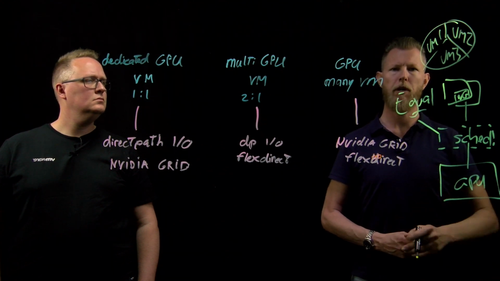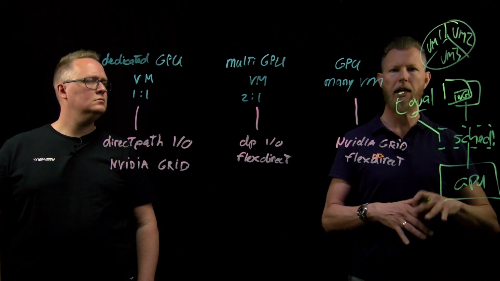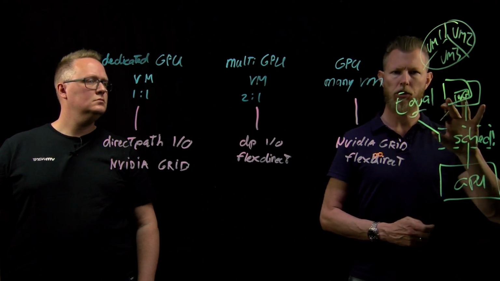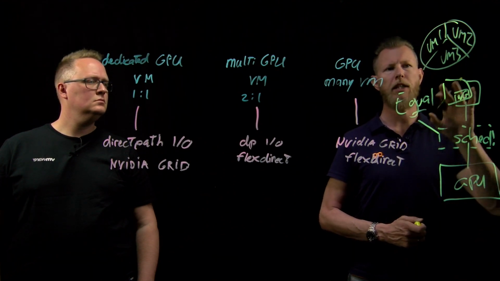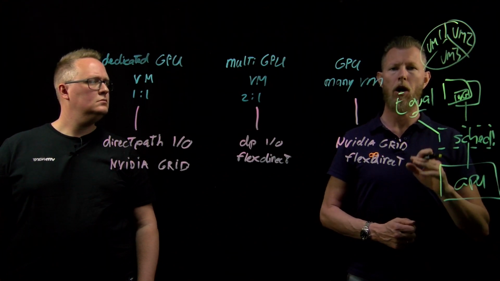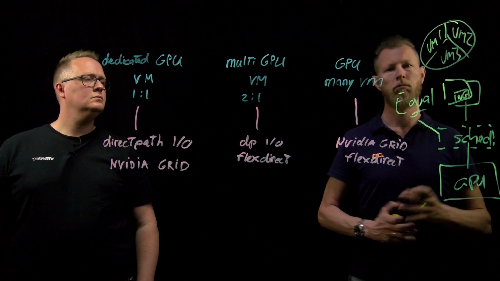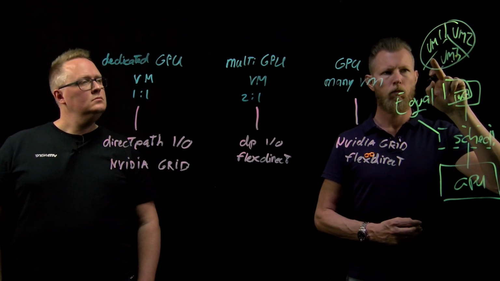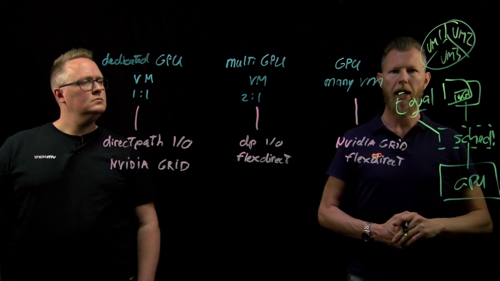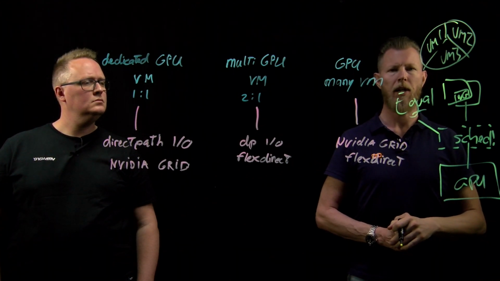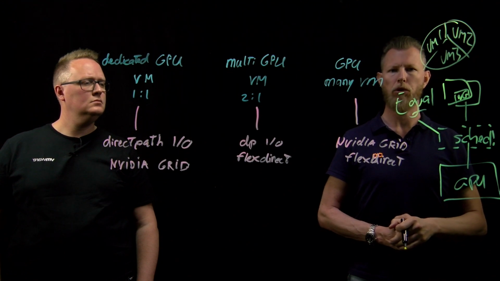Powered off VMs won't allocate anything. That's the main difference between this scheduler and the fixed share scheduler, which will allocate your VM resources also if the VM is not powered on. Right, and so this scheduler will make sure that if a CUDA workload or a computational workload is started, it will always get resources from the GPU when required.